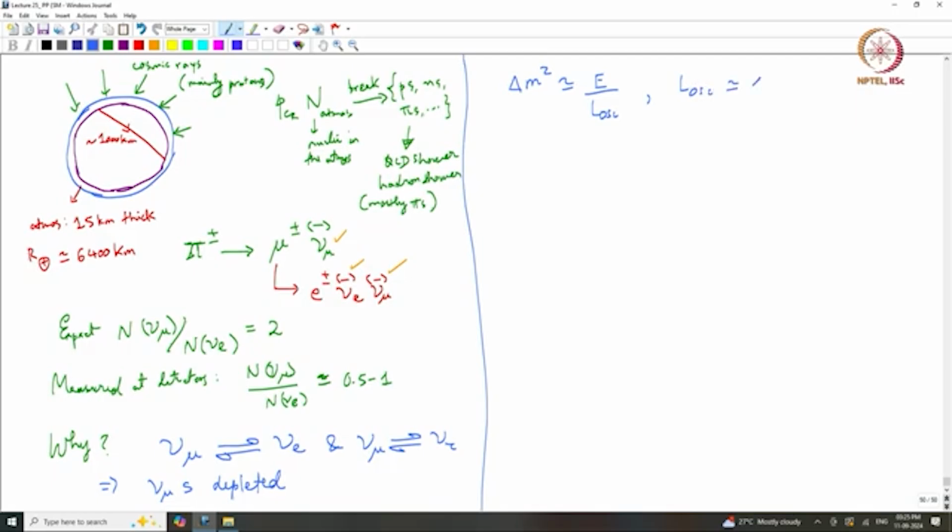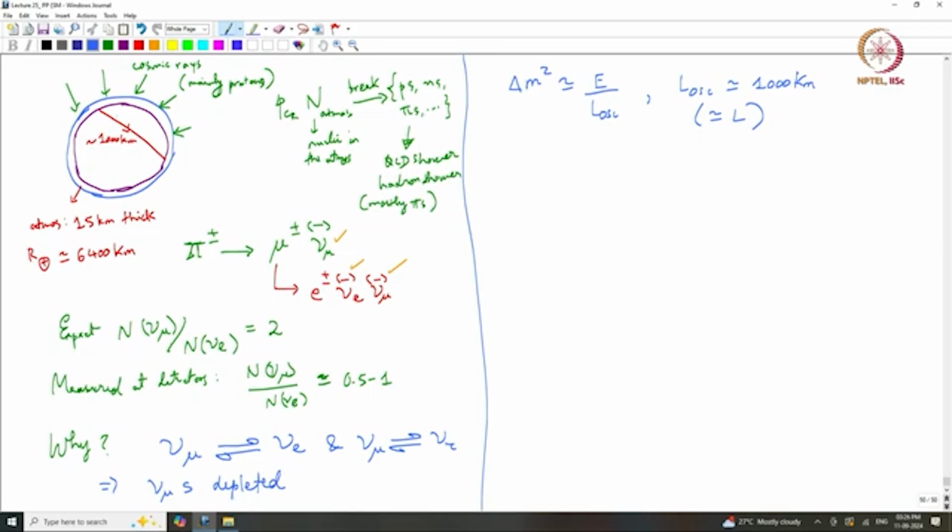That's about 1,000 kilometers. So basically we are asking whether this 1,000 kilometers, the typical chord length of muon neutrinos and electron neutrinos being produced here, passing through the rock of the earth, the core and the mantle and the crust, getting to the other side where physicists are waiting to measure these neutrinos.